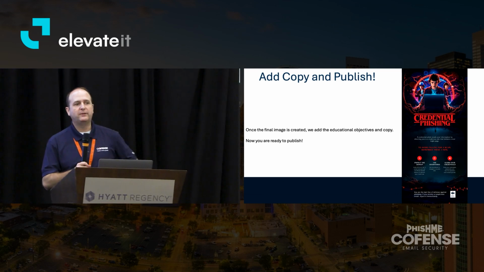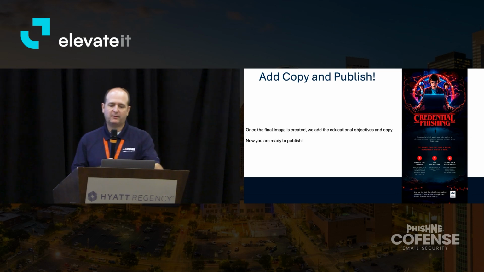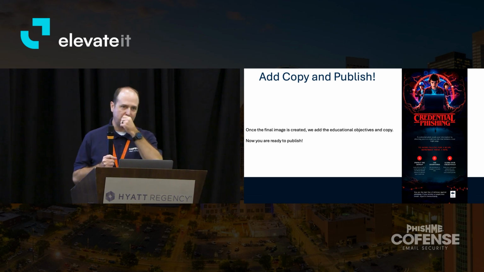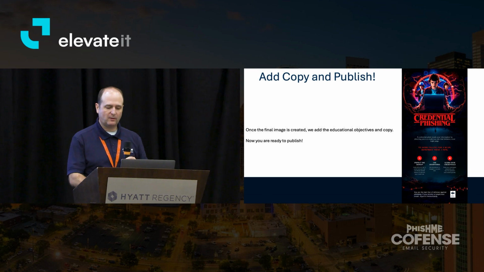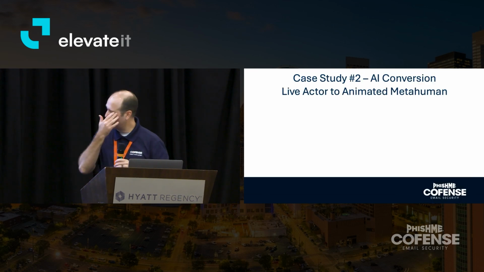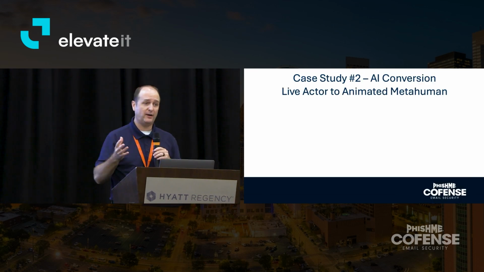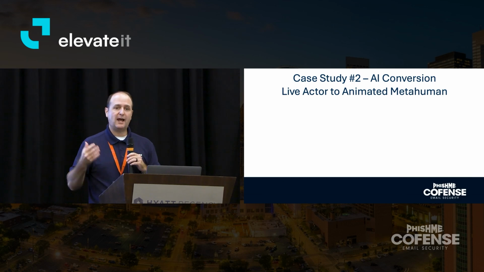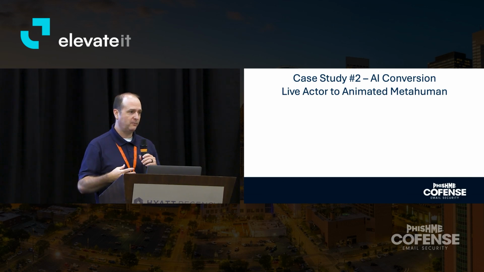So the next topic that I'm going to discuss is a little bit different. Instead of having a text-driven prompt, we're actually going to shift gears completely and talk about 3D animation. So when I told you that Cofense has a wide variety of content, 3 years ago we started dabbling in Unreal Engine 4.